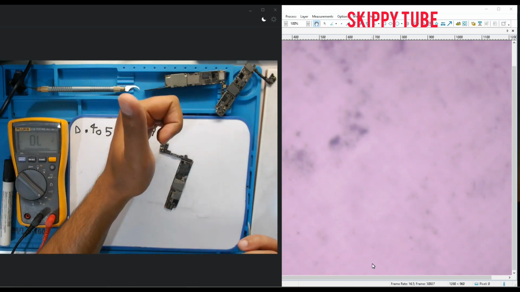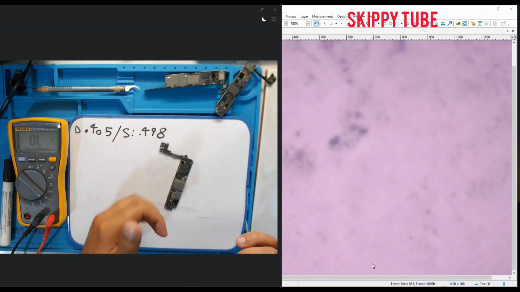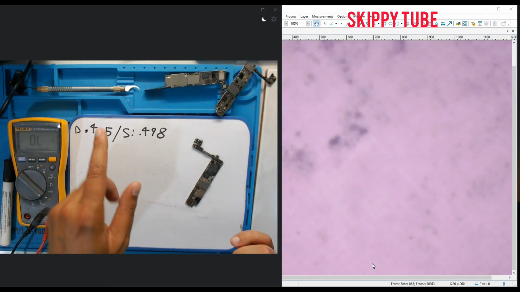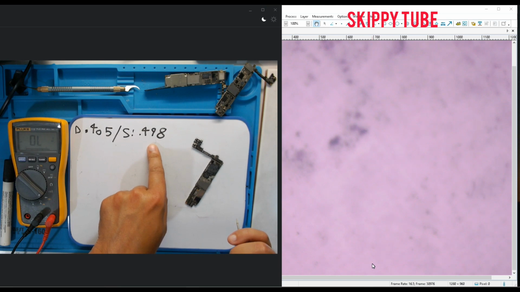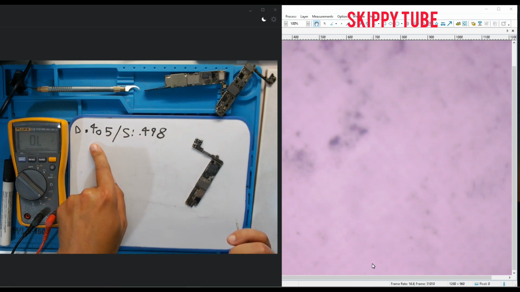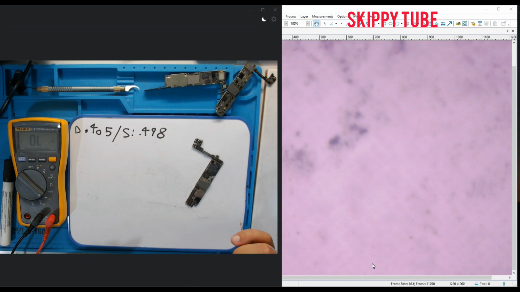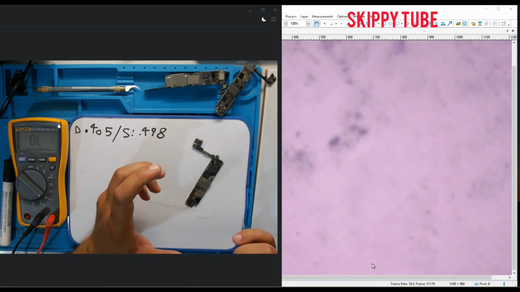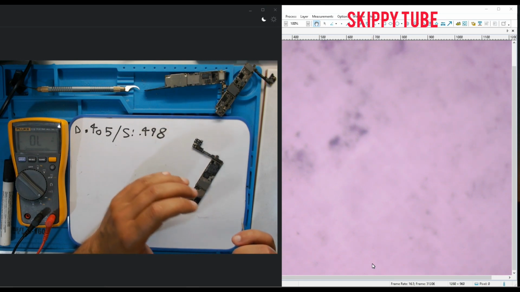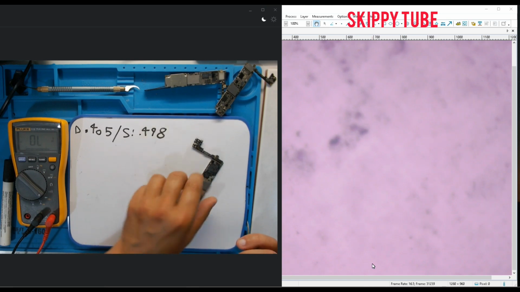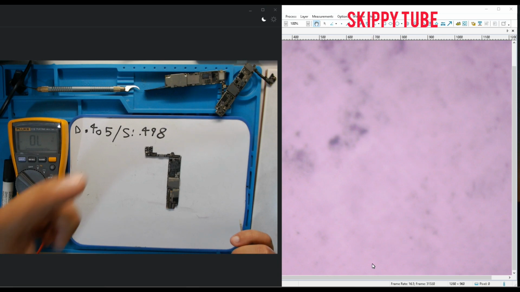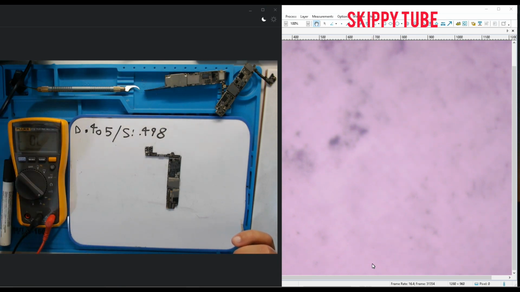But the Skippy test is showing you with the multimeter that you have a high leakage on the phone, because that value is very close to the diode value. This is the first explanation about this one. In a future video when I make it, you will understand how easily the issue can be found. You just need a little experience, without high knowledge of electronics.